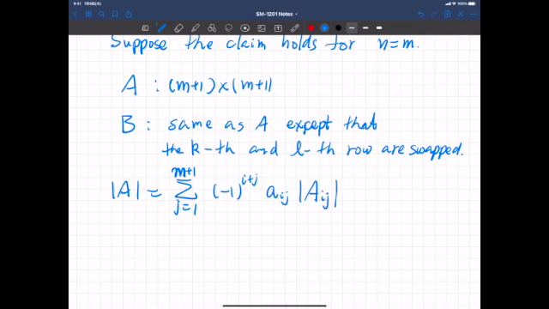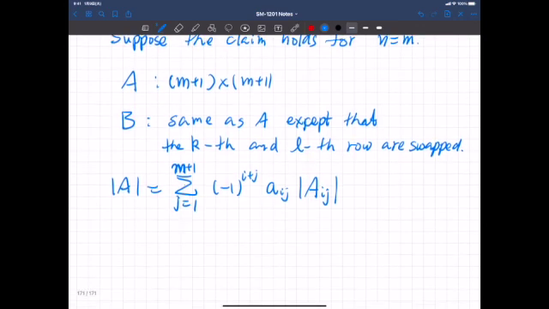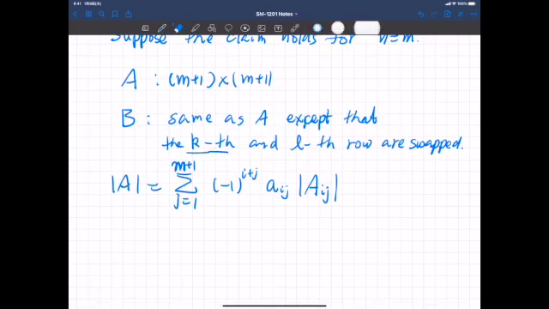Okay, and look, here we said kth row and lth row. And now this I, we can assume, is different from k or l. According to the definition of the determinant, we could choose any row for this expression.